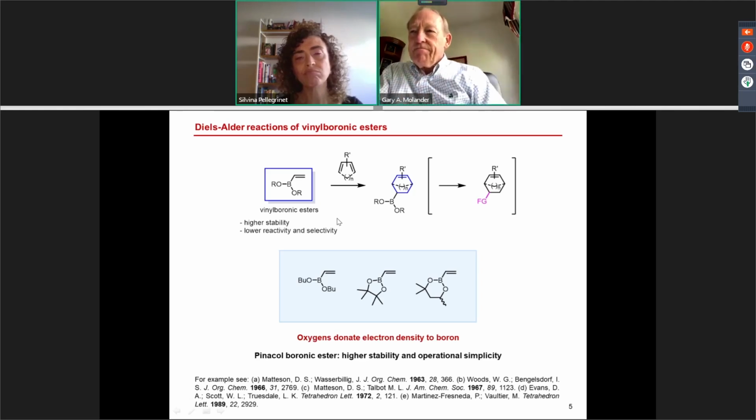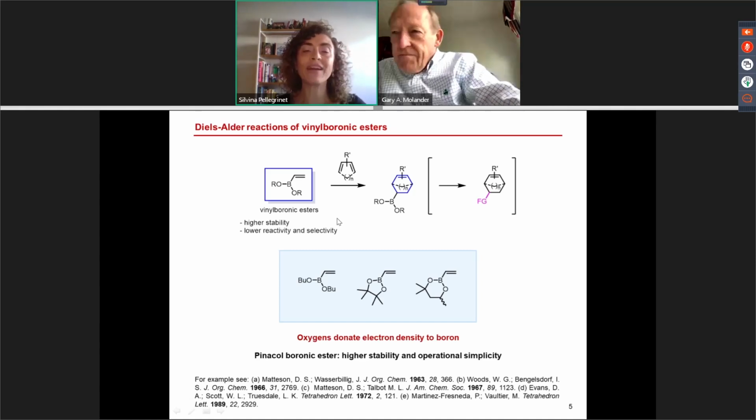I think now, after all this chemistry being developed, if we can develop an organocatalytic version of this reaction, it would be much nicer than using stoichiometric conditions.